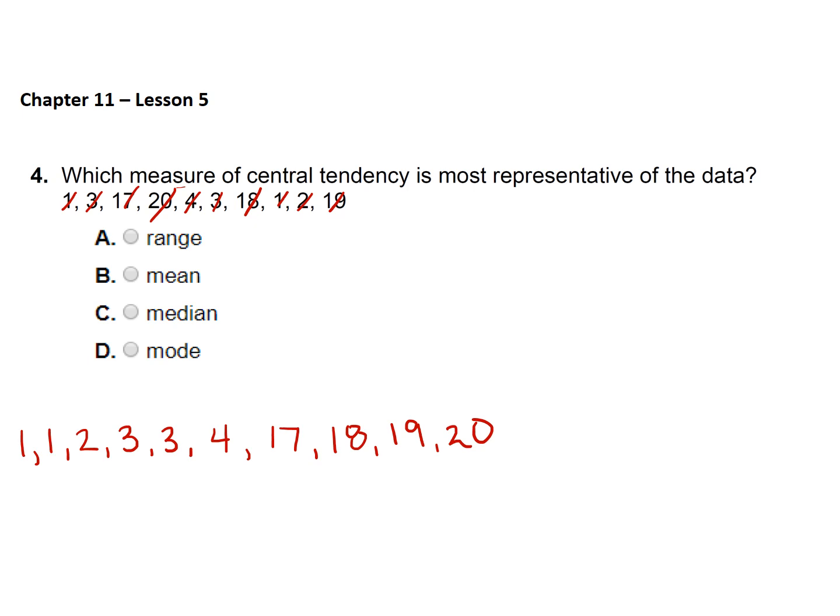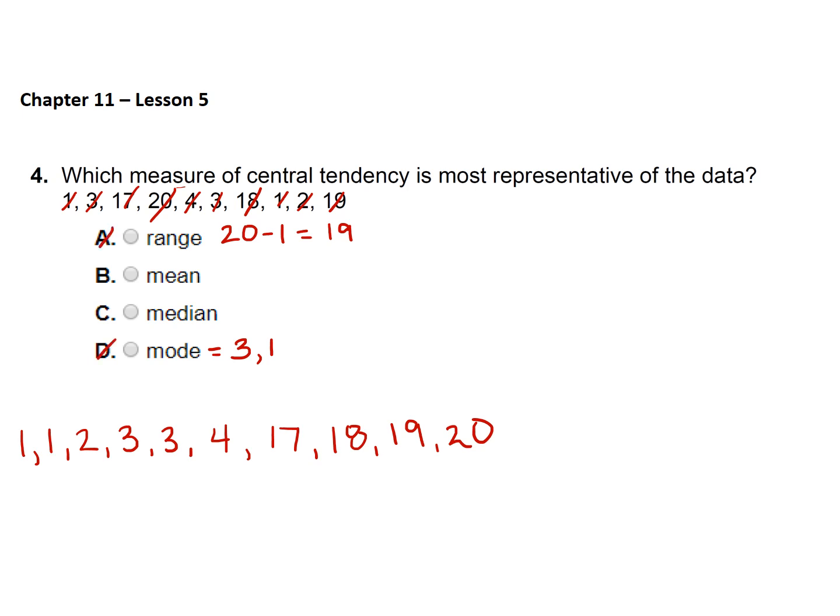Okay, now the range is really never like the best representation of the data, unless you're asking a specific question that has to do with that. And unless again the question is very specific to the mode, that's usually not the best one either. So we're going to eliminate those.